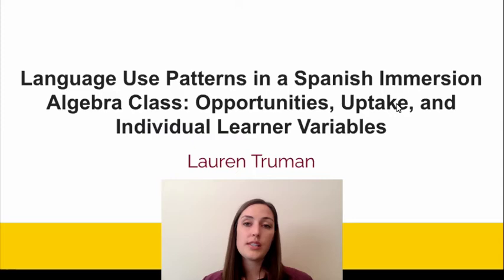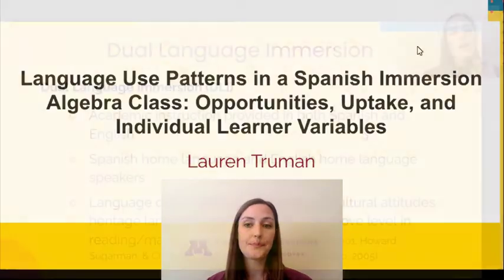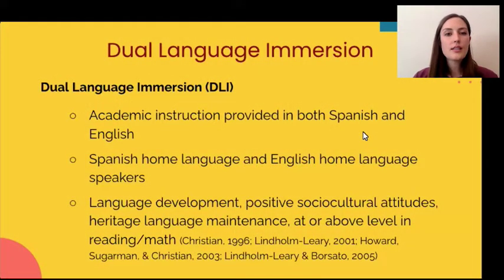So I arranged with this teacher to come and observe and audio record her class, and her class became the subject of the study. This class is part of a dual language immersion program in which academic instruction is provided in both Spanish and English beginning in pre-K.